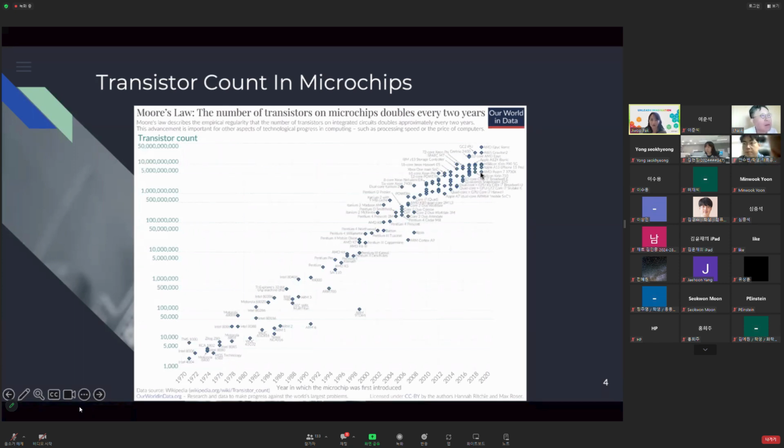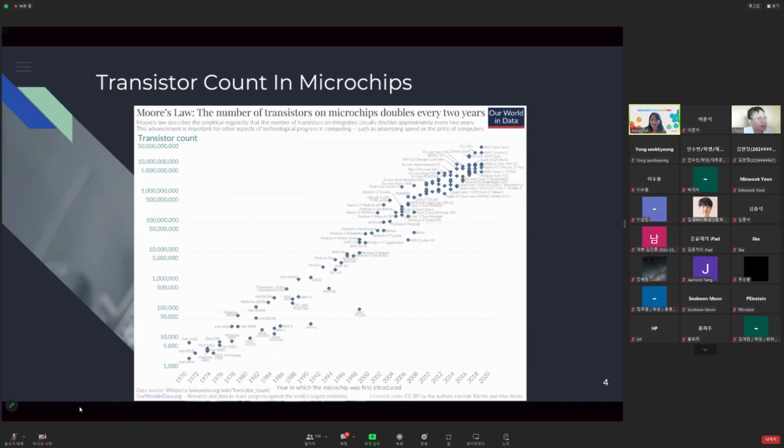Some chips for certain applications may have a smaller density, a smaller number of transistors, and high performing chips may have more and so on. But the key point here is the number of transistors is in the tens of billions scale. And that's what you guys are using every day in your phone or in your laptop.